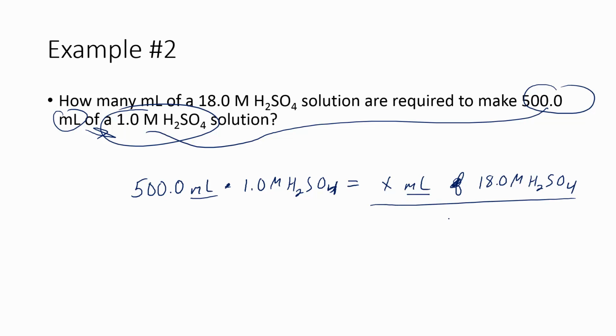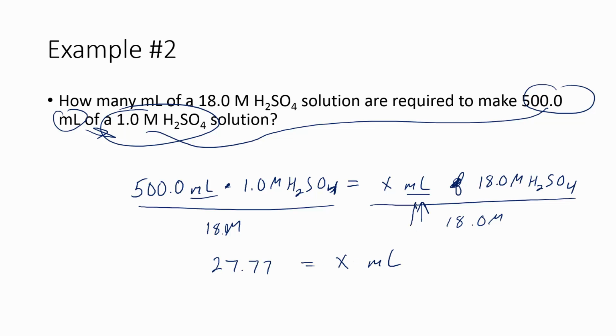So I'm going to solve. 18 molar. So 500 times 1 divided by 18 gives me 27.77, etc. is equal to X milliliters.